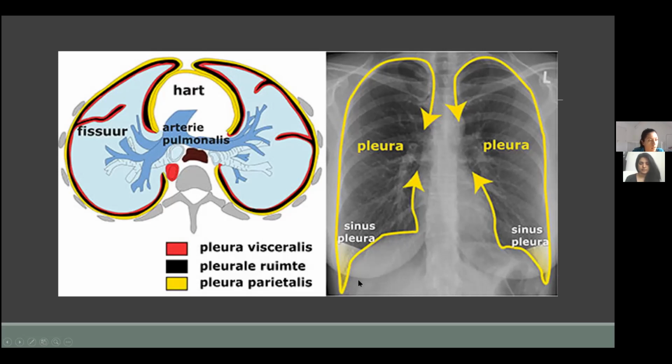The most caudally oriented part of the pleural cavity is the pleural sinus. And the pleural sinus is the space where you probably will find the first signs of pleural effusion in, for example, patients with congestive heart failure. So if you have opacification of the pleural sinus, think of a pleural effusion.